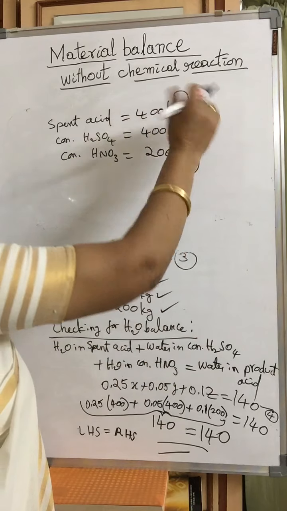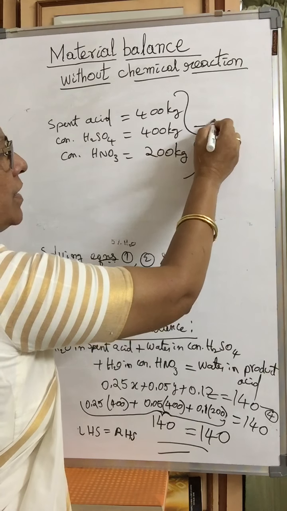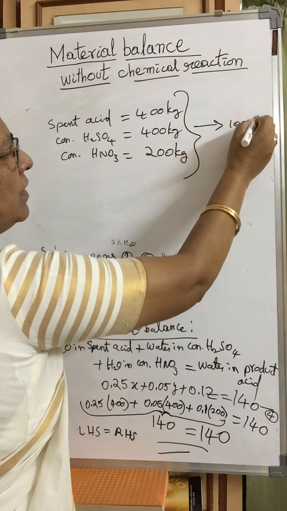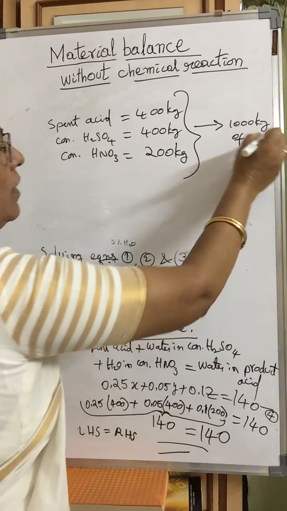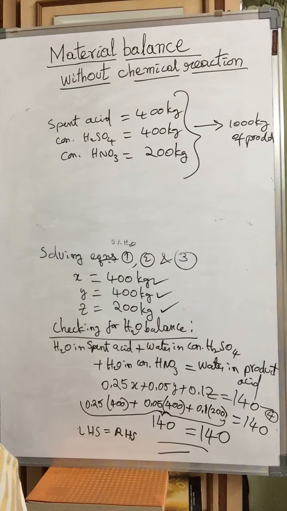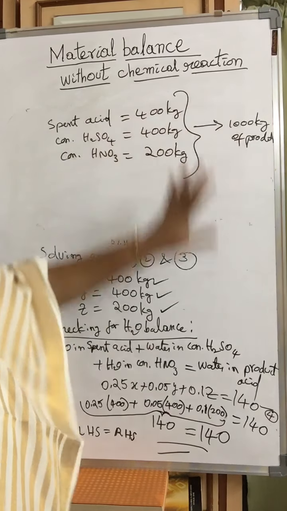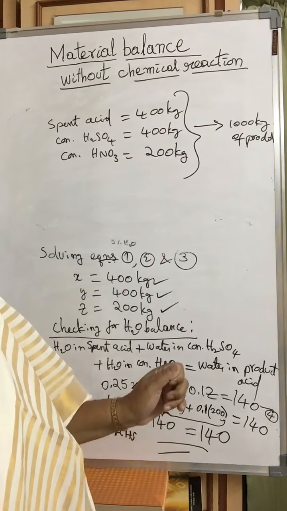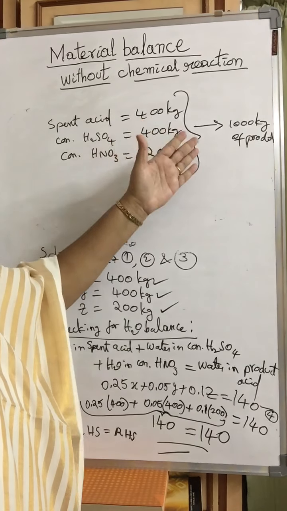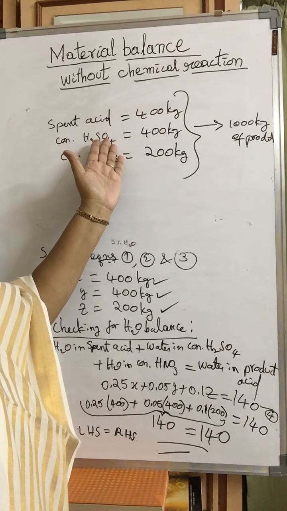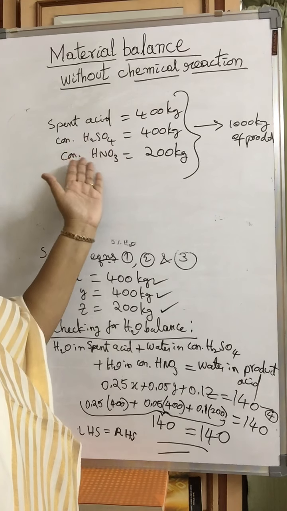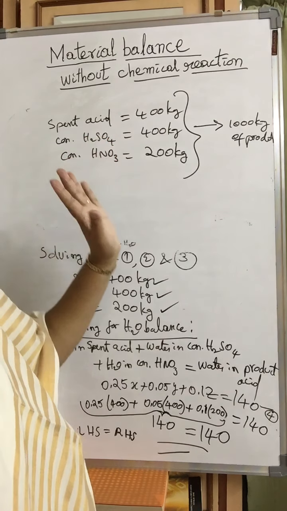If you mix these weights, you will get 1000 kg of the desired product acid. So the engineer calculates like this. They do this type of calculation, and according to this they will add what weight of spent acid to what weight of concentrated H2SO4 and so on.